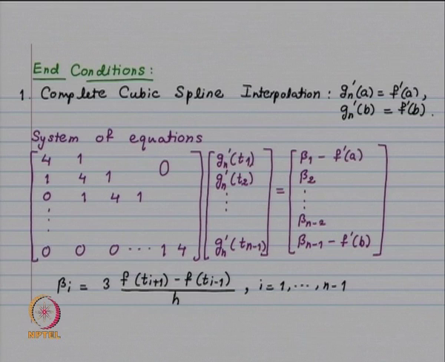In this case, the end condition which we put is that the second derivative at the two endpoints should be equal to 0. So, g n is the approximating function which is piecewise cubic, it is 2 times continuously differentiable, and we put that g n double dash at A is equal to g n double dash at B is equal to 0.